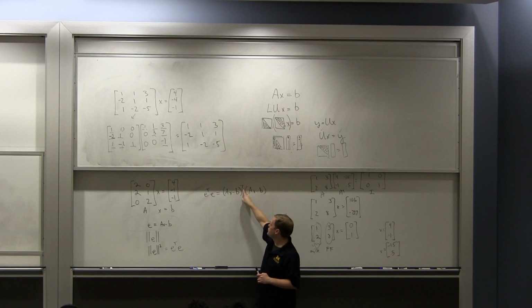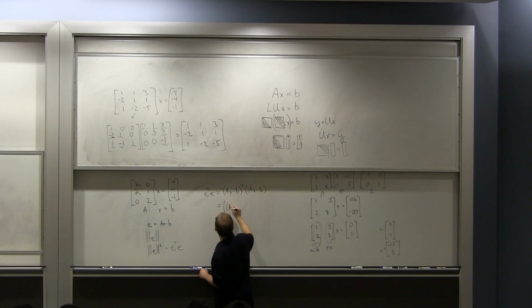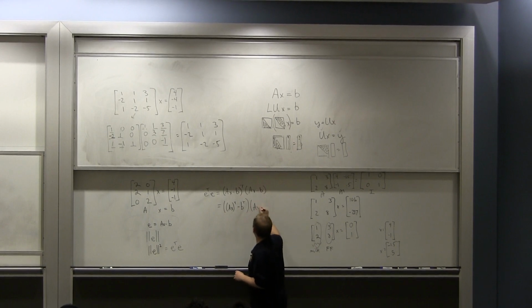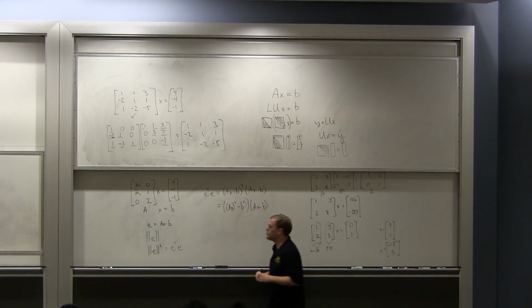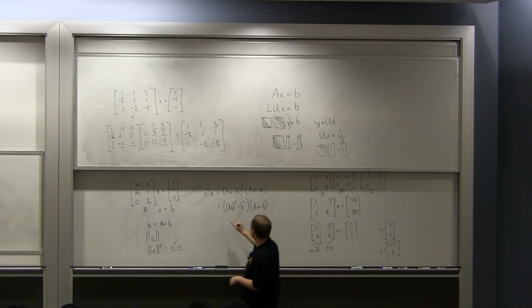It might be nice if I could push this transpose inside. So let's do that. Everybody happy with that? Can I distribute transpose like that? Okay, so now I'm almost home, right? I just do A transpose, x transpose minus b transpose, right?